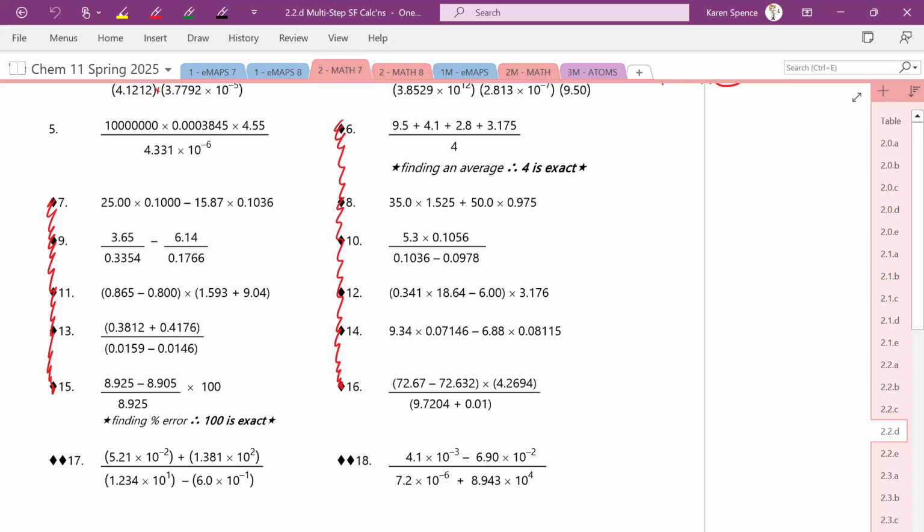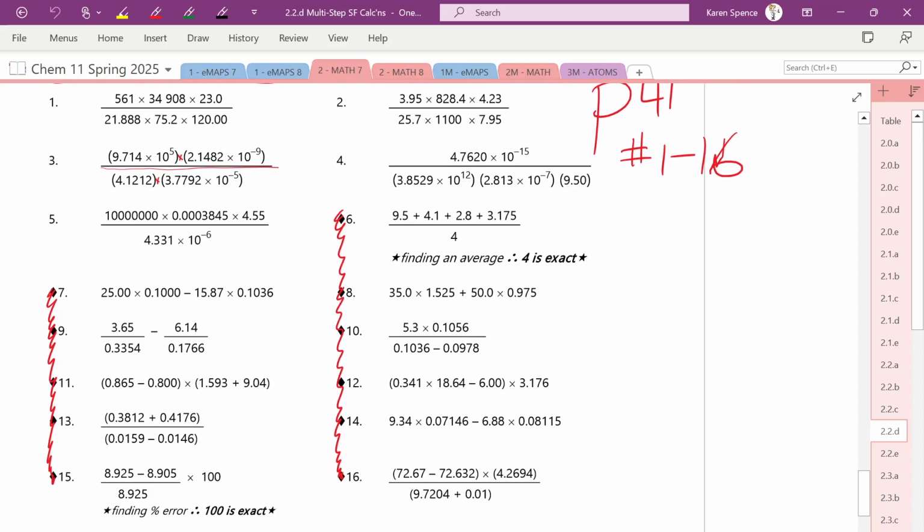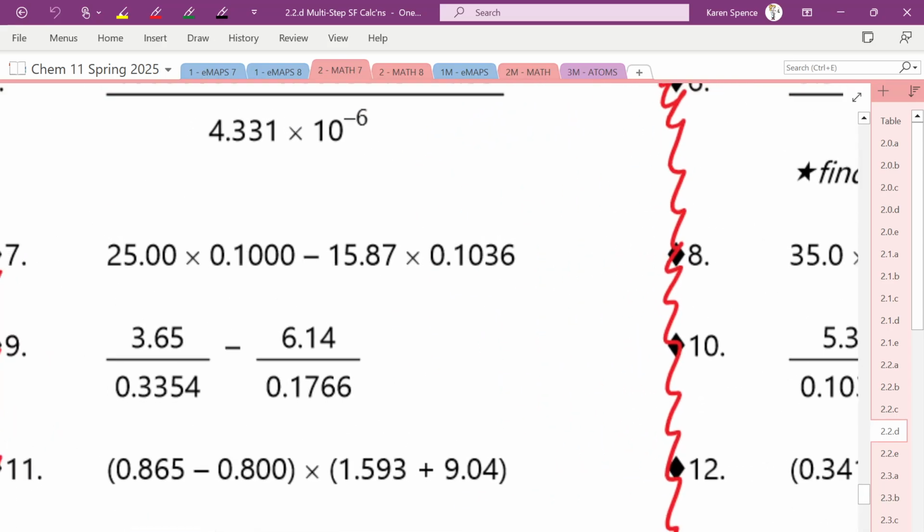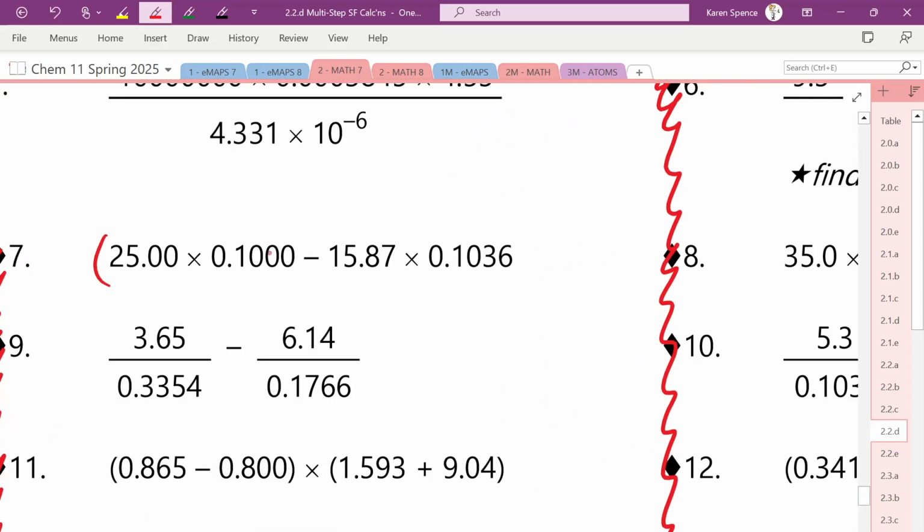For number 7, yes. It's BEDMAS rules, right? Yes. Do the 25 ones first, and then you do the subtraction. Okay, so it follows the normal BEDMAS rules. Yes, absolutely. All right. Everyone was perfectly good with these?